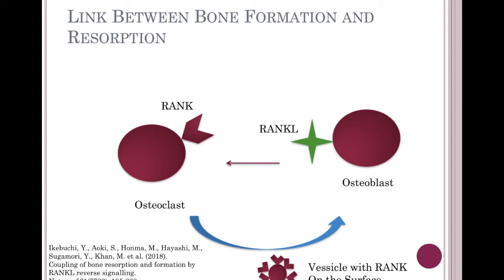This is just a very basic idea of how this happens, but the RANKL is exposed by the osteoblast, which induces the osteoclast to resorb bone. So in this way, if there's no disease state or no health problems, this cycle keeps on basically looping back on itself in a feedback mechanism to maintain calcium homeostasis and to maintain bone health.